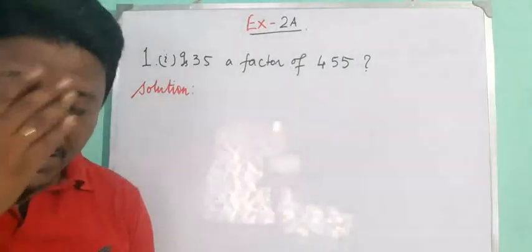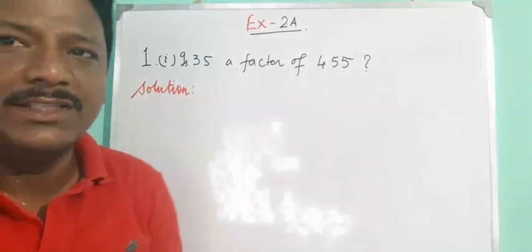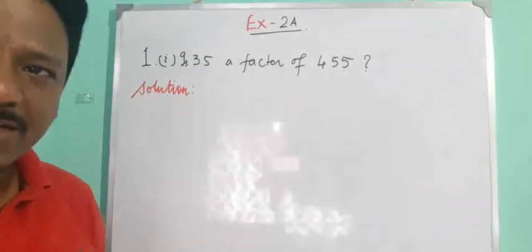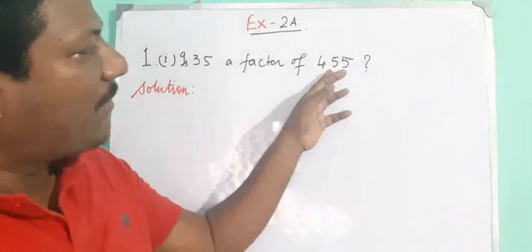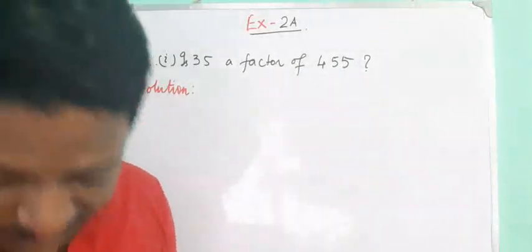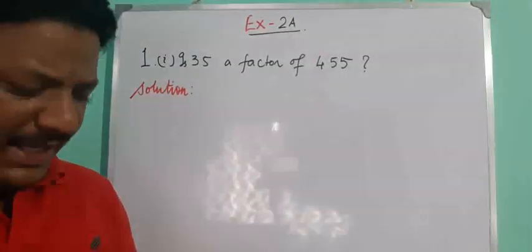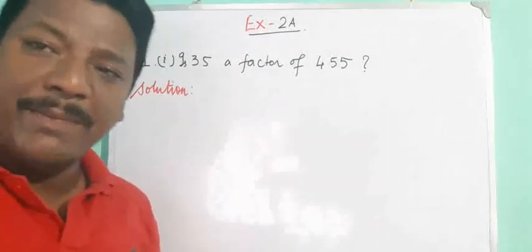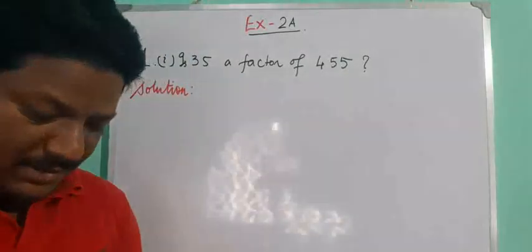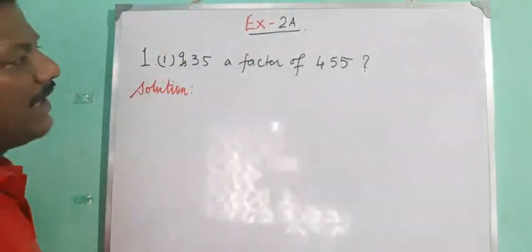I already told you in my previous class that to check whether a number is a factor or not, you have to divide 455 by 35. If you get no remainder, it means that 35 is a factor of 455.